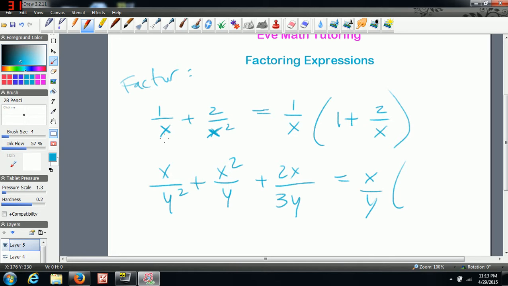So we take out x over y, and at that point we're looking for the biggest thing that would factor.